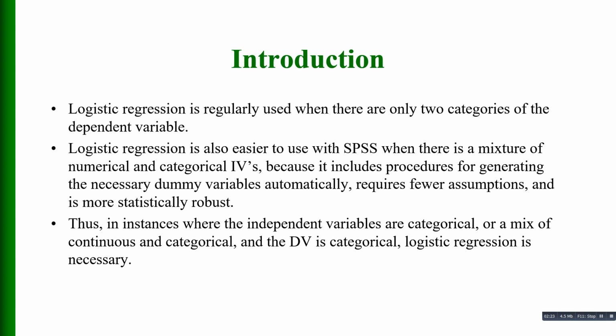Logistic regression is regularly used when there are only two categories of the dependent variable, for example, the presence or the absence of a certain characteristic, or yes or no. Logistic regression is also easier to use with the SPSS software when there is a mixture of numerical and categorical independent variables, because it includes procedures for generating the necessary dummy variables automatically, requires fewer assumptions, and is more statistically robust.